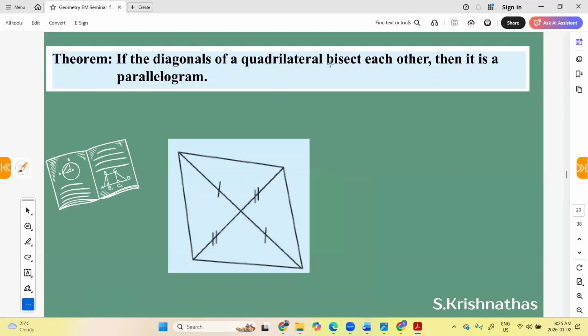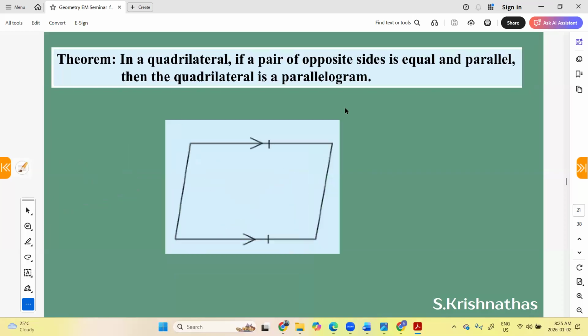In a quadrilateral, diagonals bisect each other, it is a parallelogram. Very important: in a quadrilateral, the same pair of opposite sides equal and parallel, it is a parallelogram.